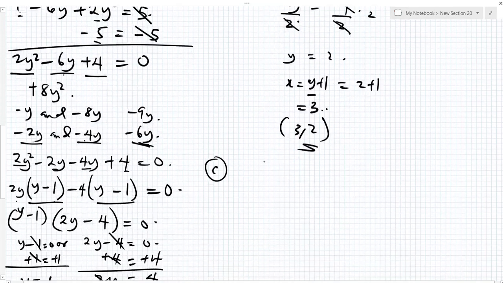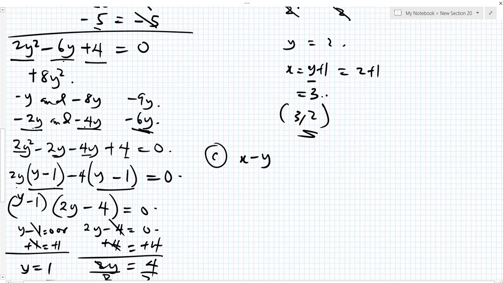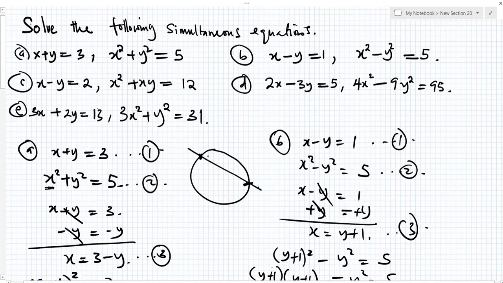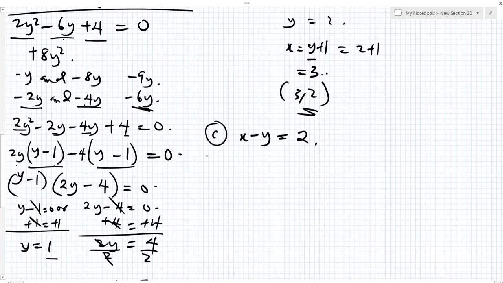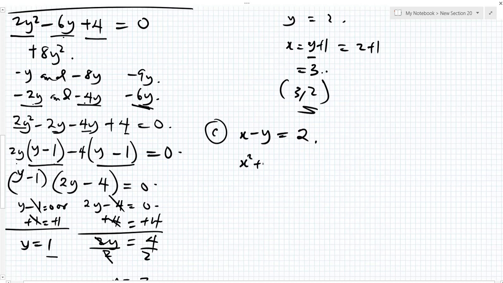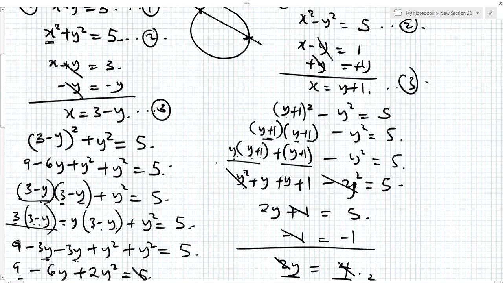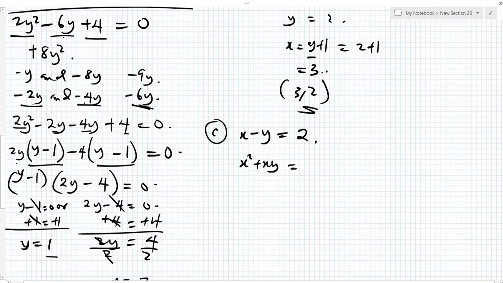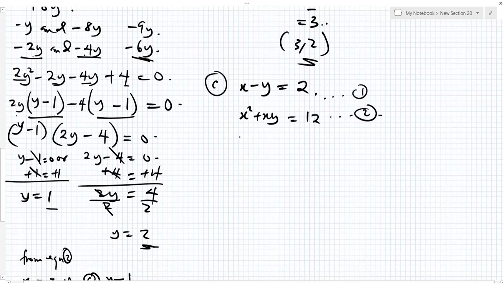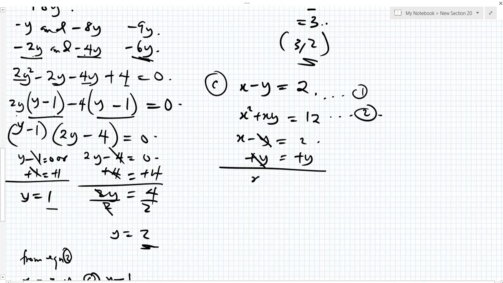C is x minus y equal to 2, equation 1, and x squared plus xy equal to 12, equation 2. Now let's rearrange equation 1. If you add plus y to both sides, this will cancel out this. You have x equal to y plus 2.